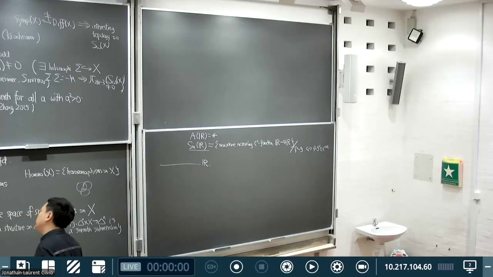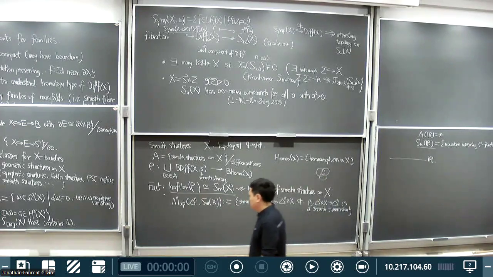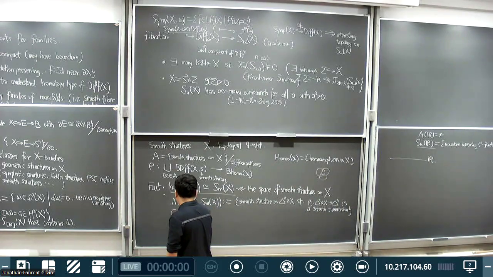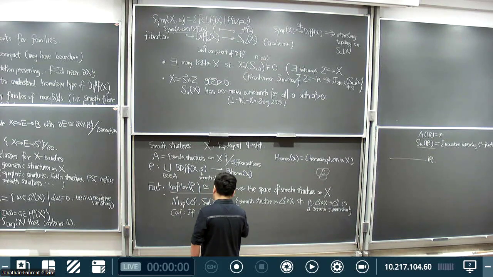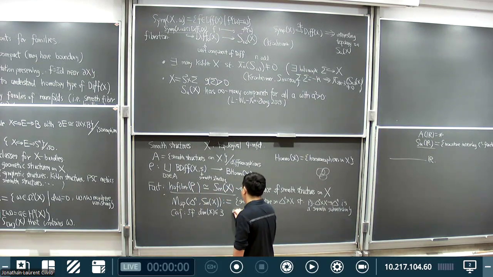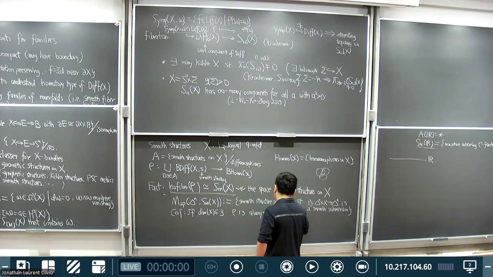So for example, one result says that if the dimension of X is less than or equal to 3, then rho is always a homotopy equivalence.